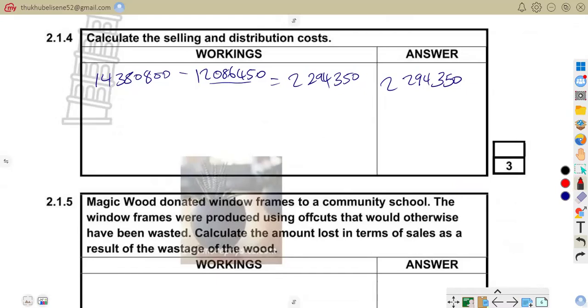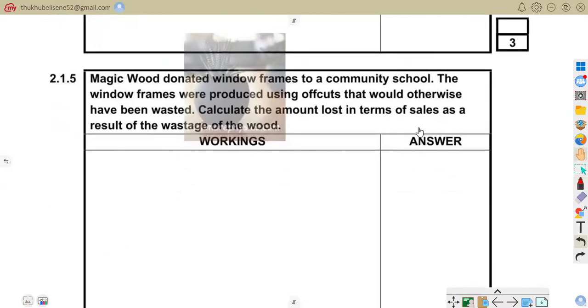This is where we are. Like you remember, on our workings, we have 16,570, the material issued. Then we divide by 2.5.